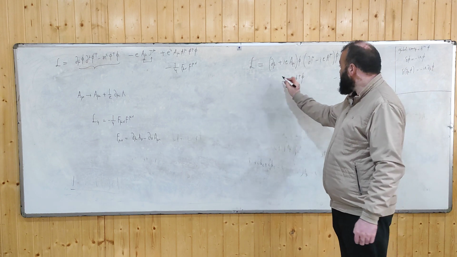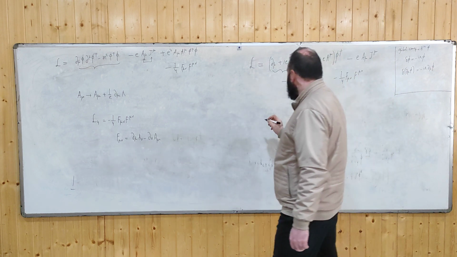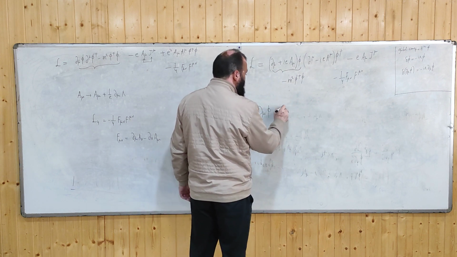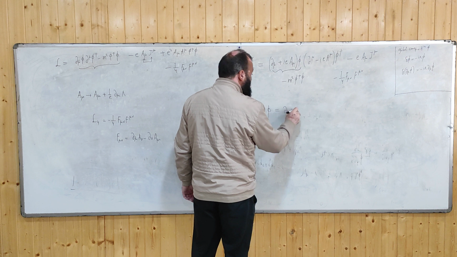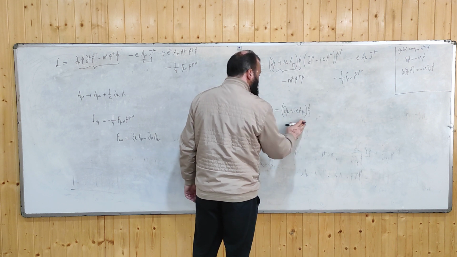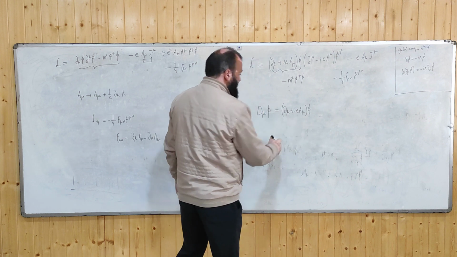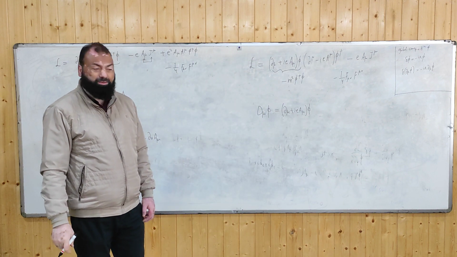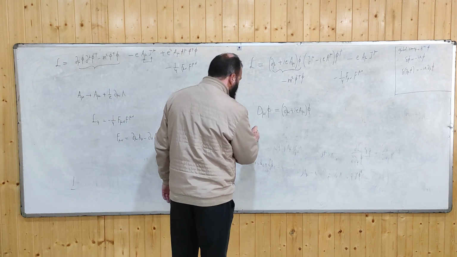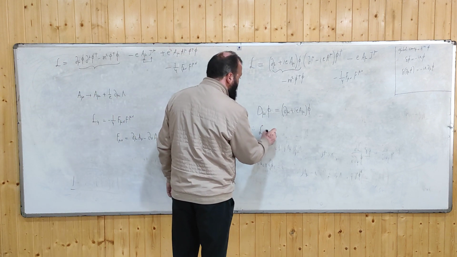Clear? So let me define this very object, D mu phi. It is known as the gauge covariant derivative. It has a geometrical interpretation, and I'll tell you in a moment what that means.